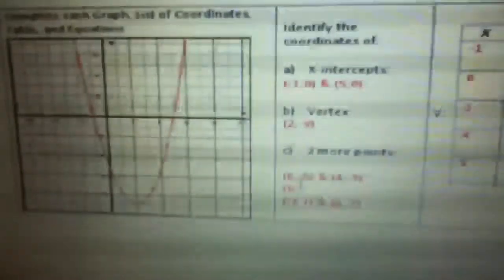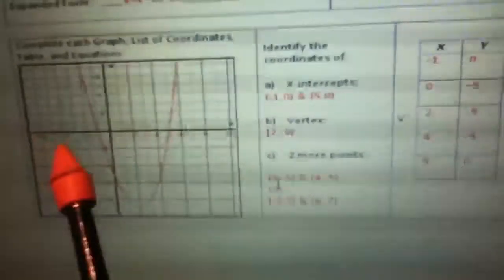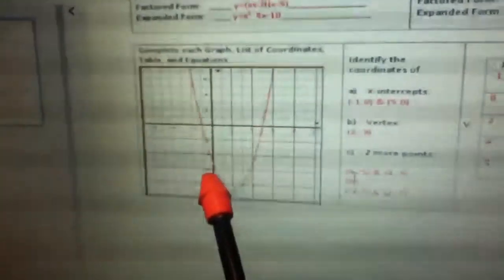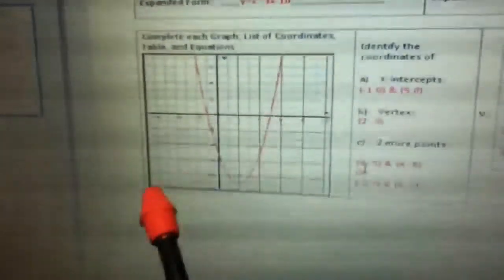So let's check if this is right. Oh, I did one part wrong. Here, I switched the x and the y. So this is the x, and since it's not going this way or this way, the x is 0, right? Because it's just staying here. And then when you go down, you go into the negative 5, right?